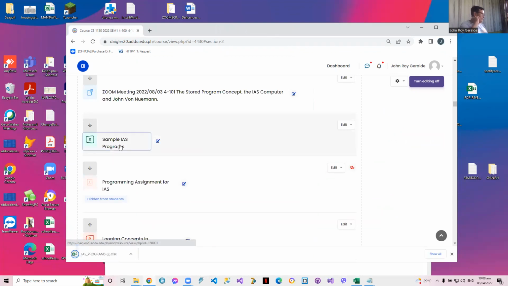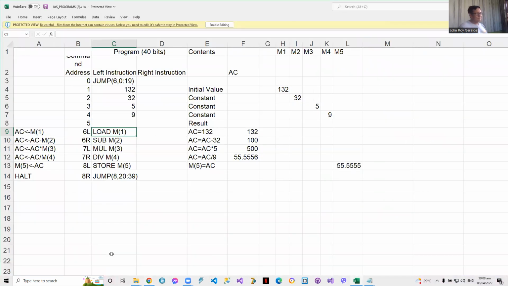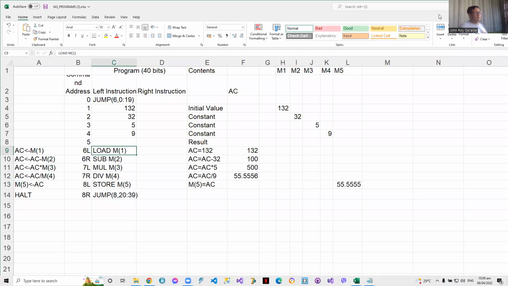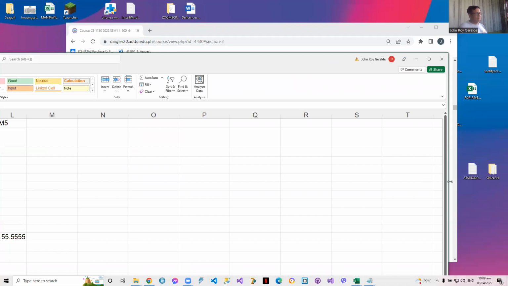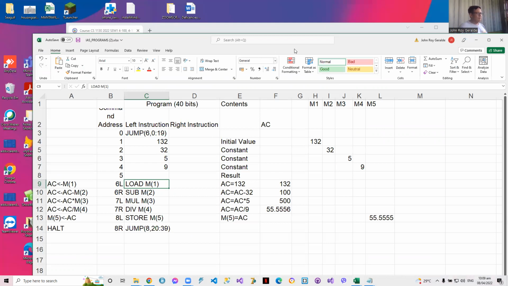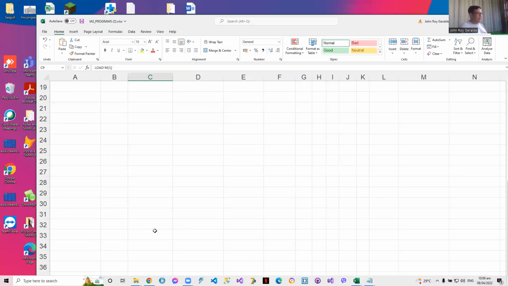Now let's have an example of the IAS programs. You can download this, no? Any questions so far? So we'll trace this now.